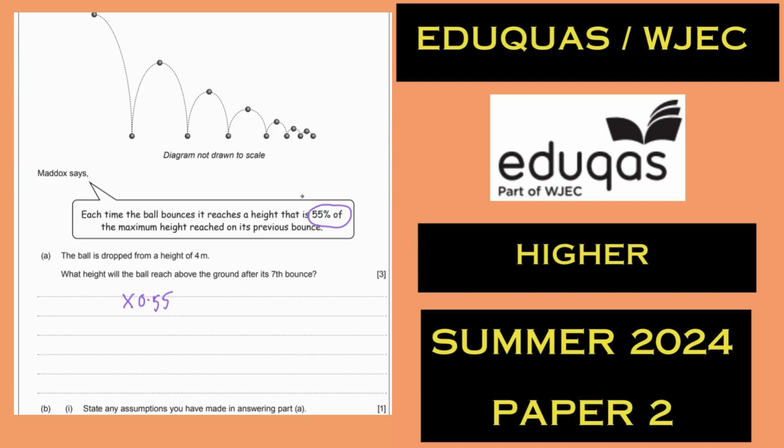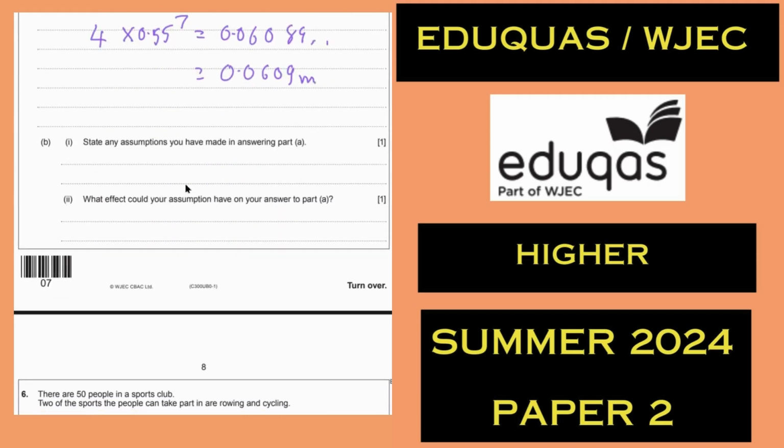It's 7 bounces, power of 7, and your initial height, your capital as it's sometimes called, into your calculator, horrible long decimal 0.060897, and goes on, rounding it off sensibly. I've gone for 3 significant figures, 609 meters, 6 centimeters, and so on.